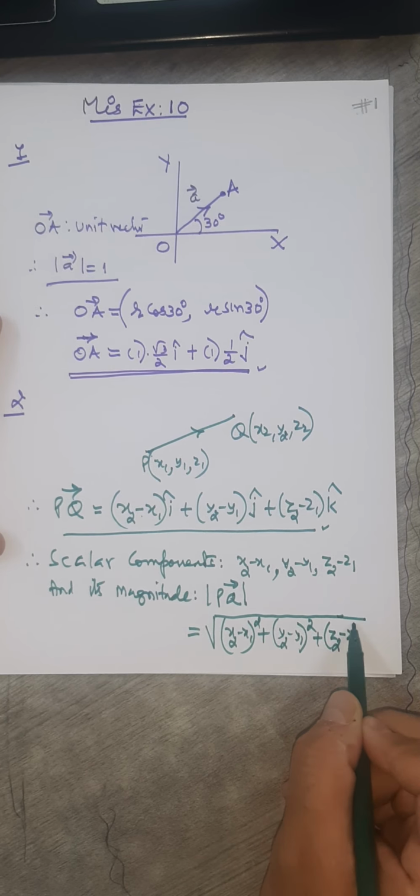So cosine 60 degree, I cap, as I did in the first question, plus 3 into sine 60 degree here, j cap. So 3 times what's cos 60 degree? Here it is 1 by 2. So 3 into 1 by 2 I cap plus 3 into root 3 by 2 j cap. This is vector AB.